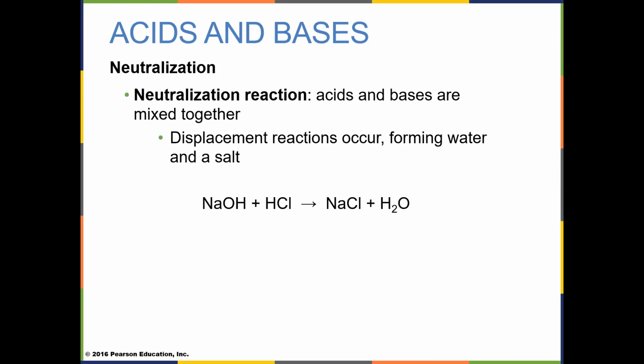When you mix acids and bases together, just like your baking soda and vinegar, sodium bicarbonate, baking soda, is the base, and acetic acid, vinegar, is the acid. You mix it together, you get a neutralization reaction where you end up with the release of carbon dioxide and production of water, and you form a salt.